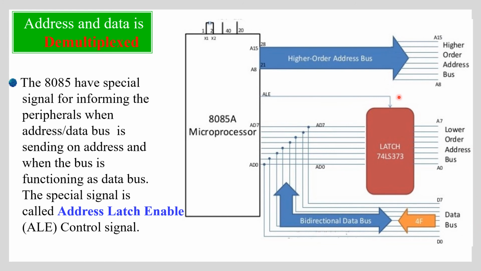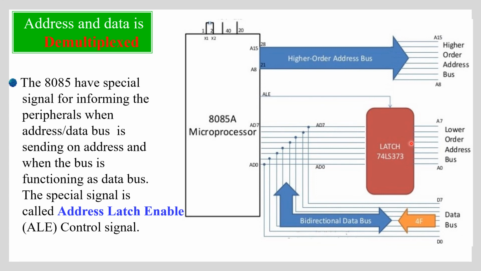For the higher order address bus there is no problem because they are sent singly, they are not multiplexed. During the first cycle, the address is sent and the lower 8 bits are latched into the peripheral by the address latch enable.